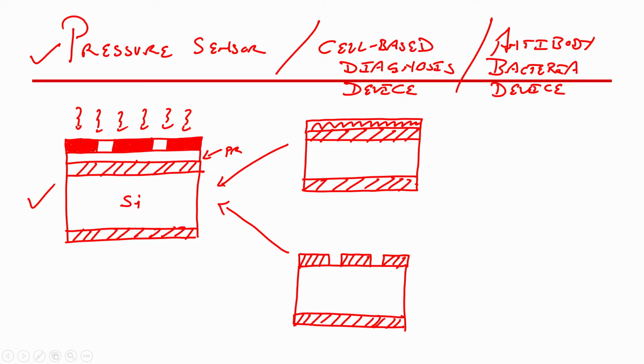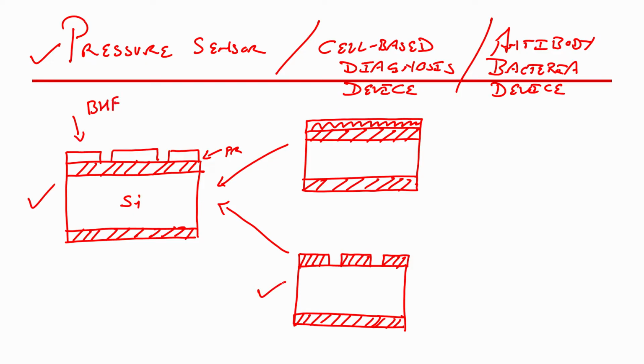What will happen after exposure with UV? If I dip this wafer in positive photoresist developer, then the unexposed region will be stronger and the exposed region would be weaker. So, I would have photoresist like this, and then if I dip this wafer in buffer hydrofluoric acid, what will I have?